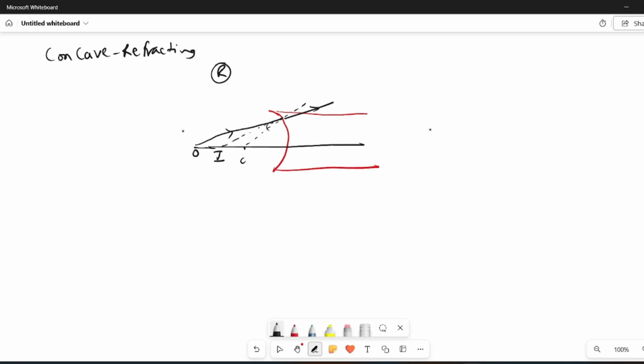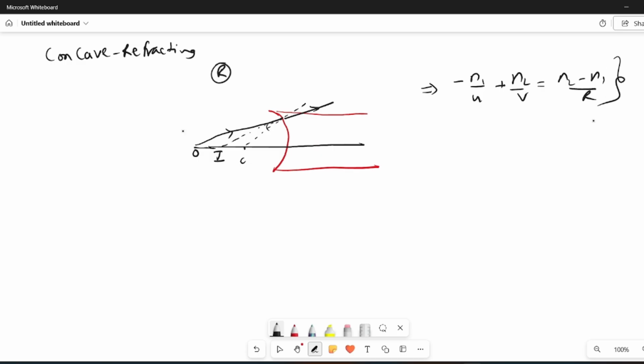When you solve this situation for the concave refracting surface, the equation comes out exactly the same as when you put the object in the rarer medium for the convex refracting surface. So the equation is again n1 upon u plus n2 upon v equals n2 minus n1 upon r.